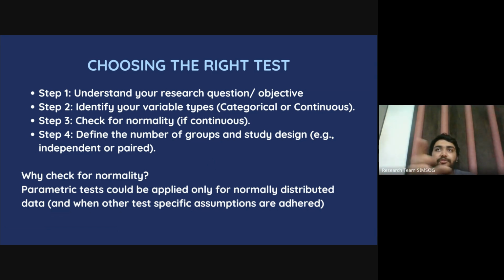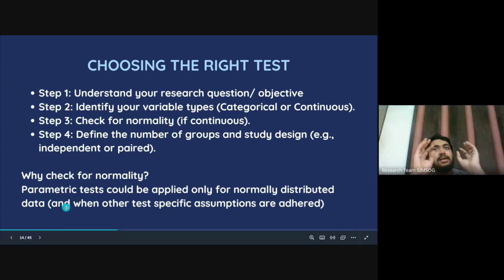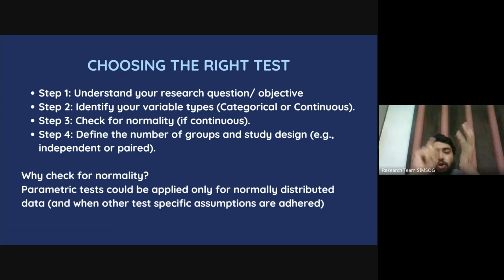For example, if you're saying mild, moderate, severe, you can still give it numbers, 1, 2, 3, and so on. Or for non-normally distributed continuous or quantitative data. Essentially, what I want to say is that parametric tests apply only when certain specific assumptions are adhered to: normally distributed, continuous quantitative data. Basically the ideal scenario I told you. Whereas non-parametric tests can be applied for anything else, including normally distributed data.